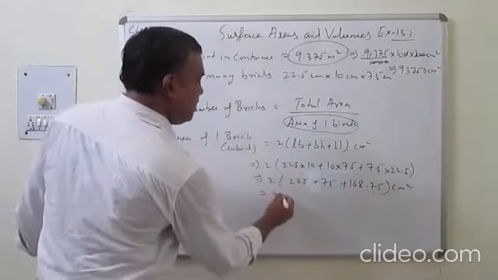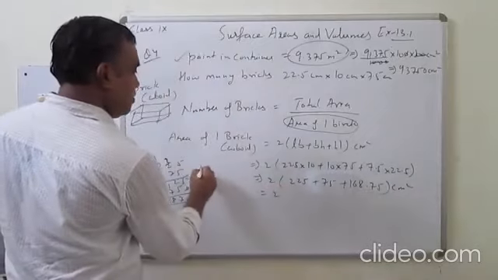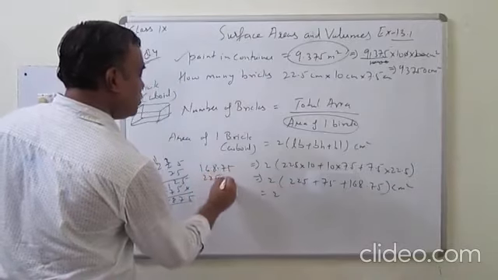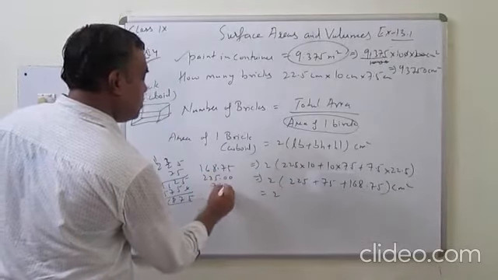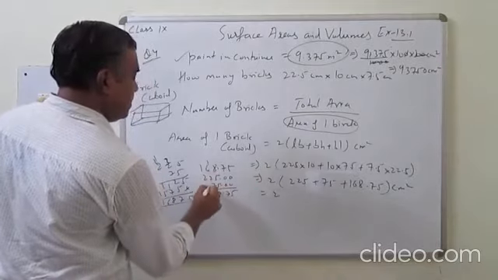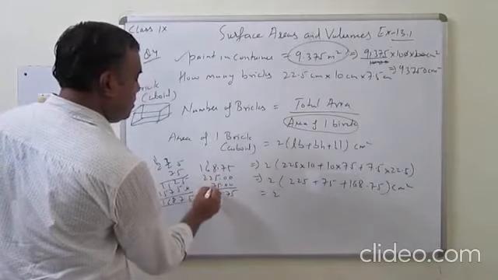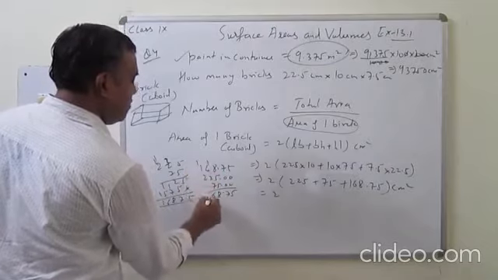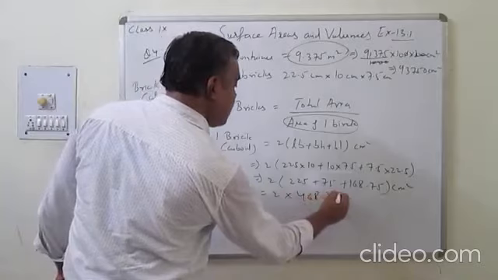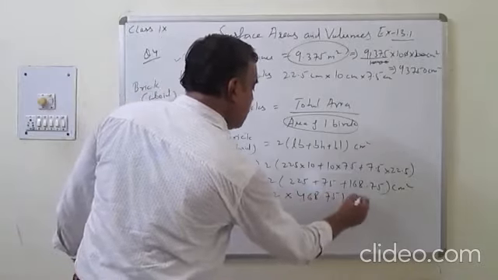So you add it: 168.75, 225.00, 75.00, which gives 468.75 centimeter square.